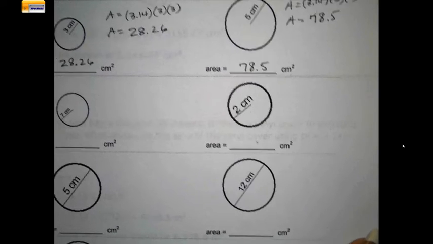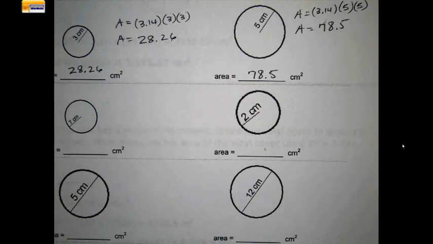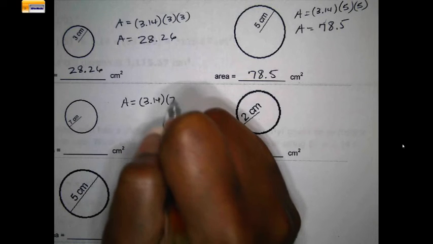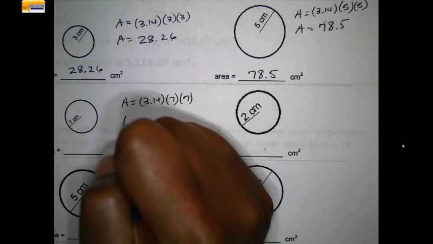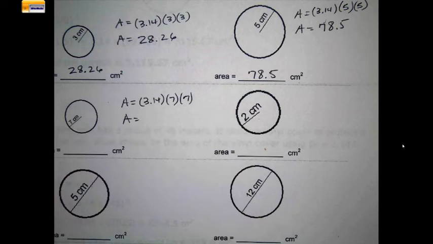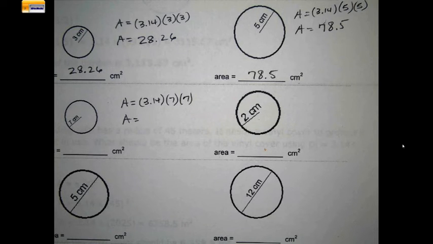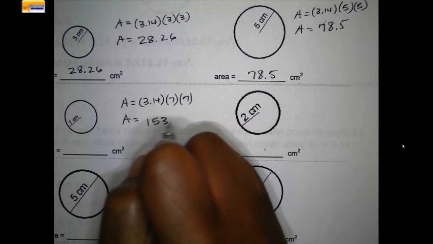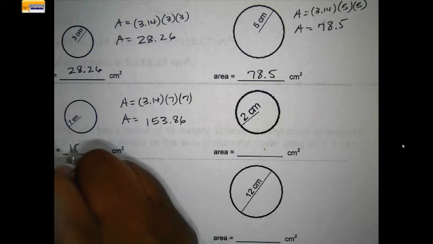But you have to remember to use square units. Okay, the radius is given in the next problem too, so this one would be 3.14 times 7 times 7. 153.86.